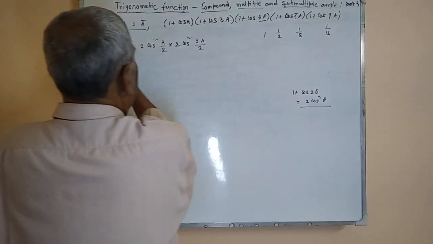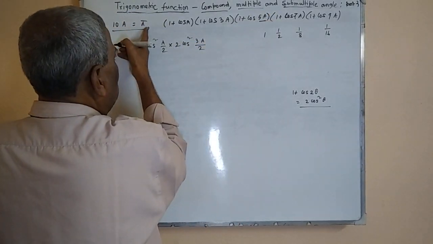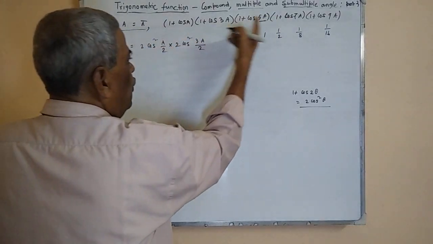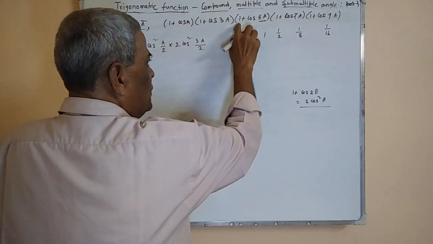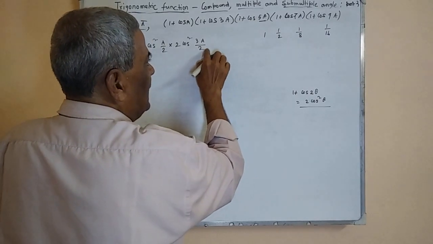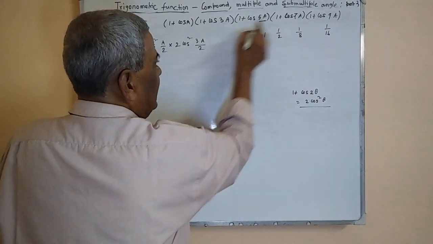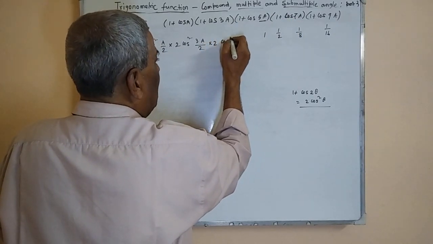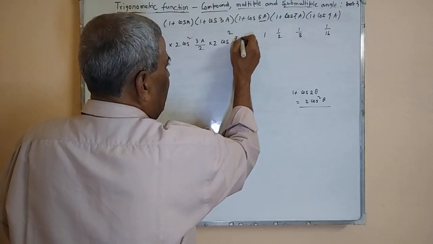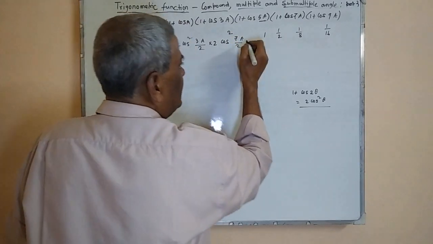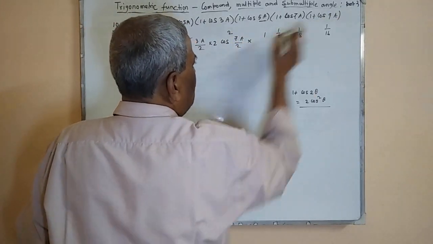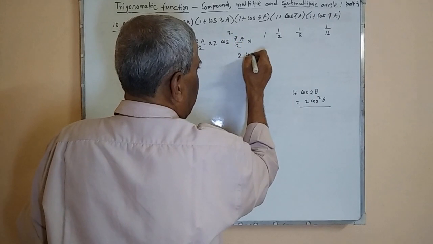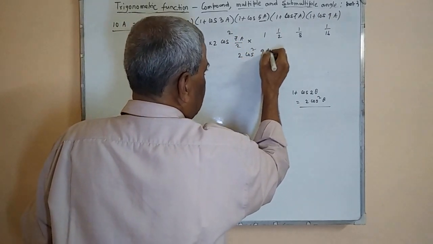Cos 5A, you see, 5A is equal to pi by 2, so cos pi by 2 is 0. So this factor is simply 1. I am not writing it, only 1. Then this one by the same argument is 2 cos square 7A by 2, and this one is 2 cos square 9A by 2.